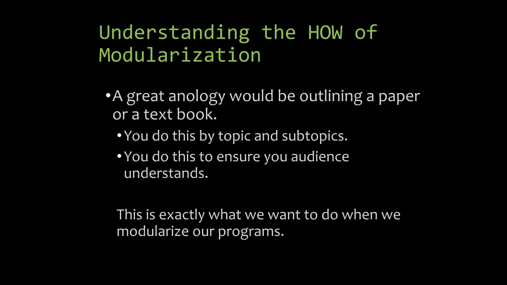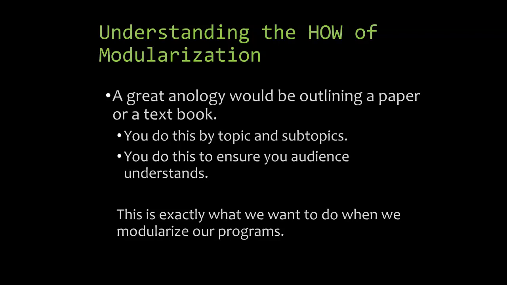A great analogy of how to do this is basically outlining your paper. As a college student, I'm sure you've written many papers. Usually when you do this, you outline your papers. You put some headings in there. From a textbook point of view, there are chapters, sub-chapters, sections within the chapters and so on.